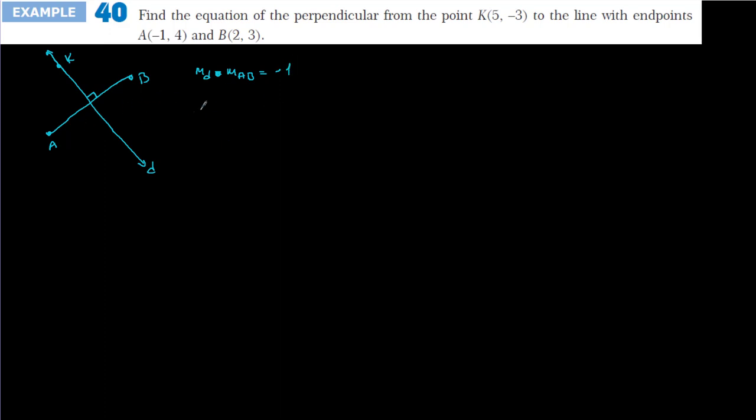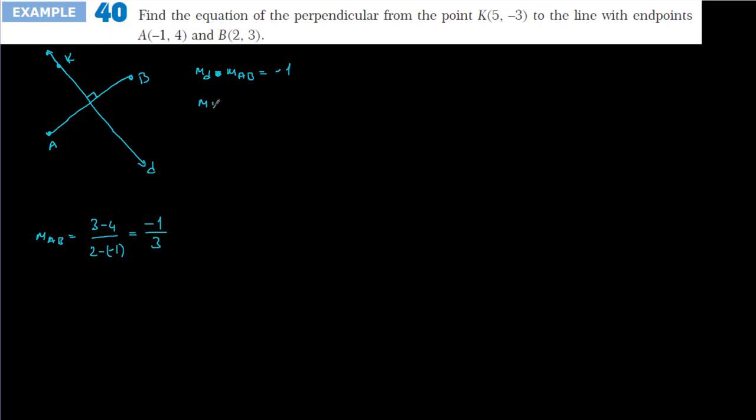So for AB, the slope of AB is equal to y2 minus y1 over x2 minus x1. I'm going to use this formula, which is equal to 3 minus 4 divided by 2 minus -1, it has to be, which is equal to -1 over 3.